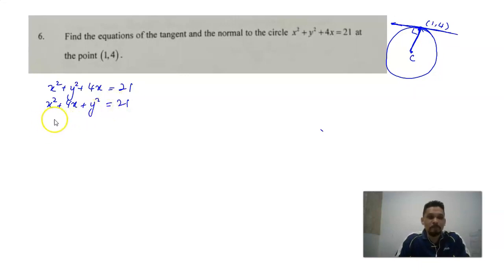Okay, never mind. And for these, we come up with the process of completing the square, where x squared plus 4x plus 4 over 2 squared minus 4 over 2 squared plus y squared equal to 21.